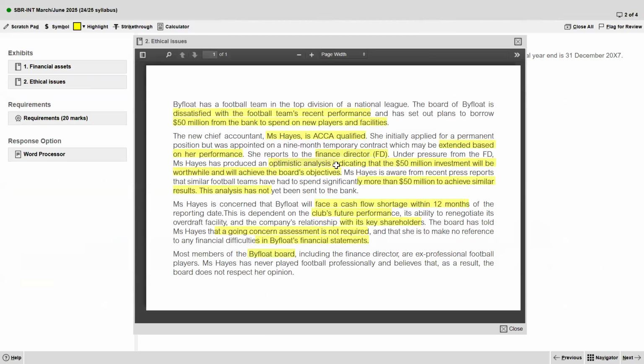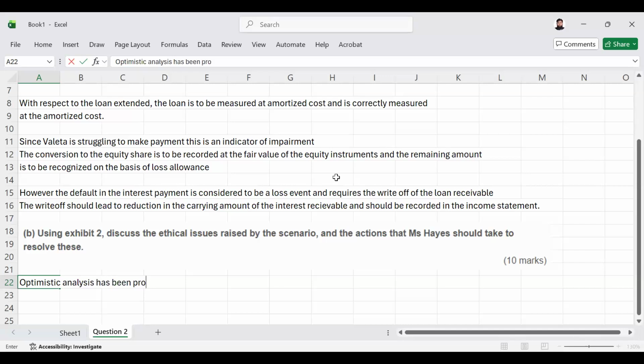Now, an optimistic analysis has been produced by Ms. Hayes.